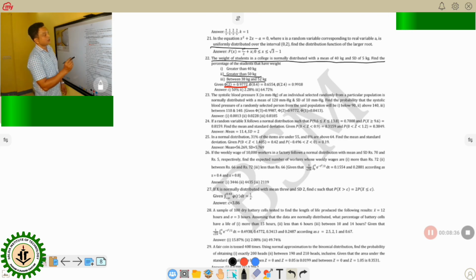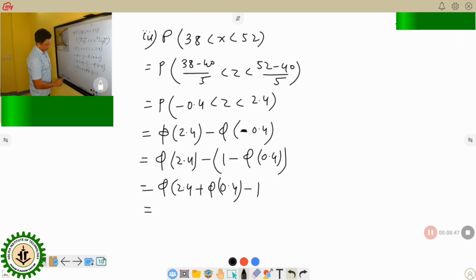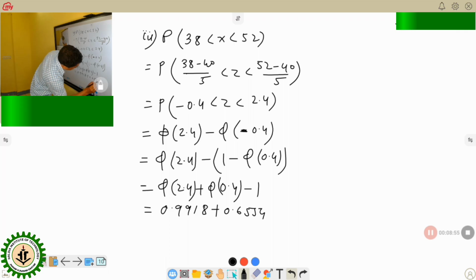Phi of 0.4 equals 0.6554 and phi of 2.4 equals 0.9918. So you will get the result by this discussion.